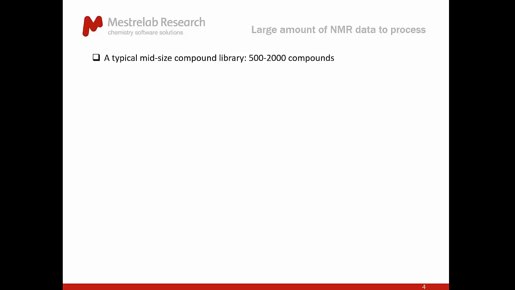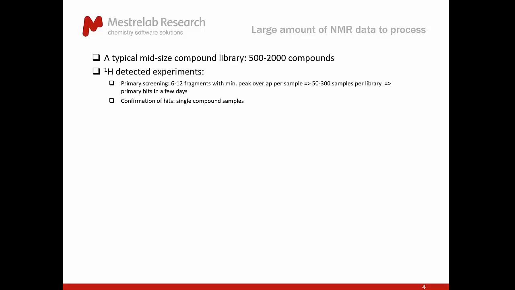Typically, there's a large amount of NMR data to process and analyze in this workflow. Usually we start with a compound library. A mid-size library would have 500 to 2,000 compounds, and that's a lot of spectra.